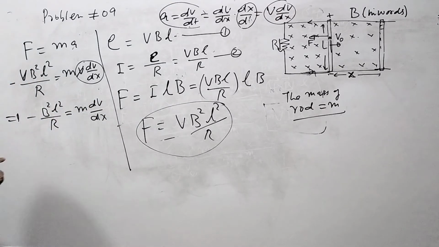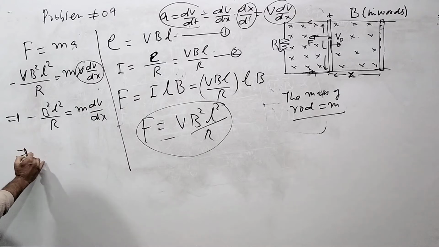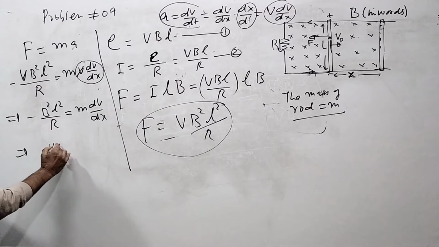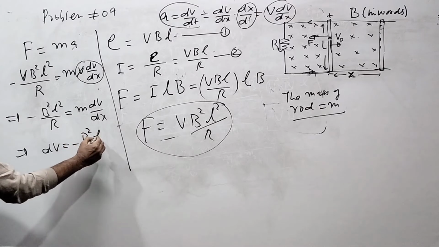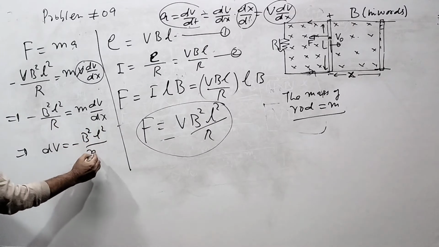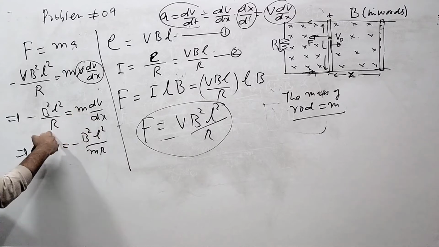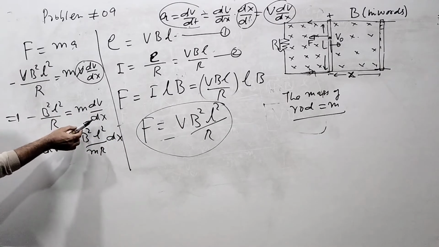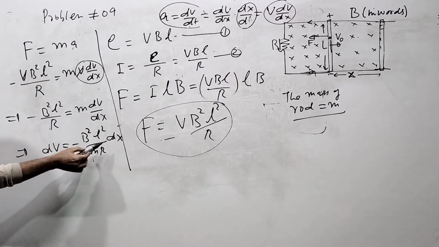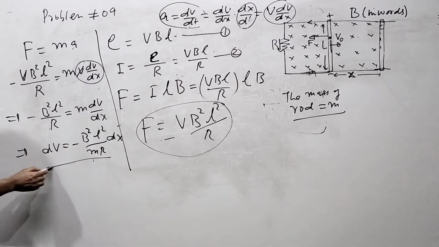So what is dV equal to? dV is equal to minus B square L square by MR, and dx.